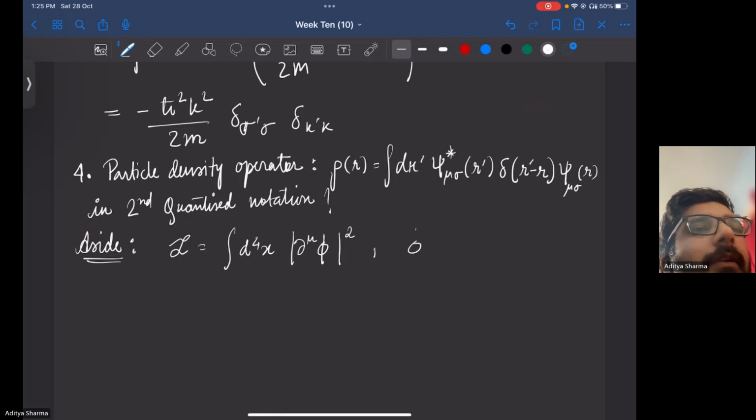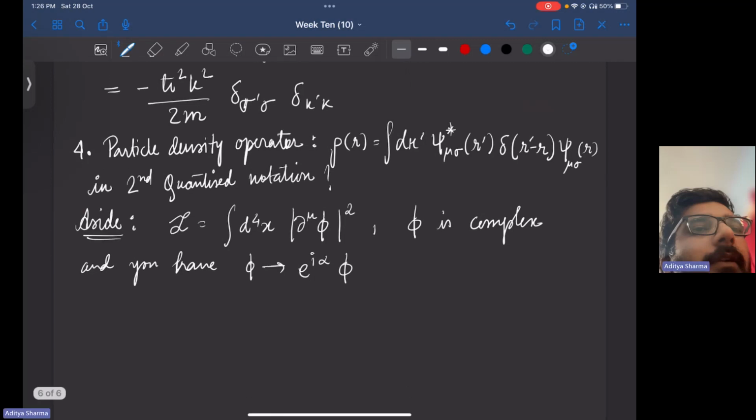Suppose phi is complex, and you have a symmetry which is phi goes to e power i alpha phi, and this alpha is not a function of the position, so d mu doesn't act on it.